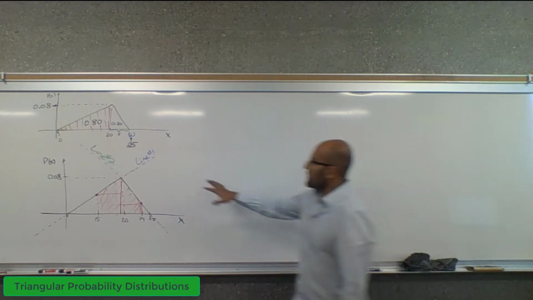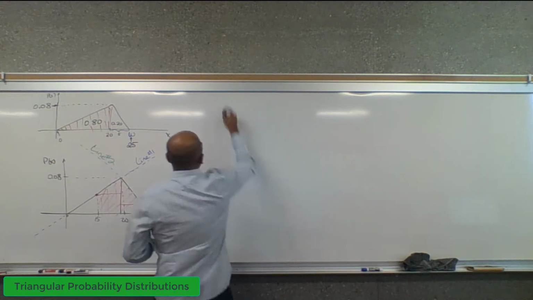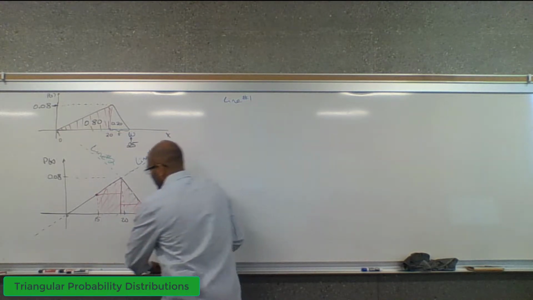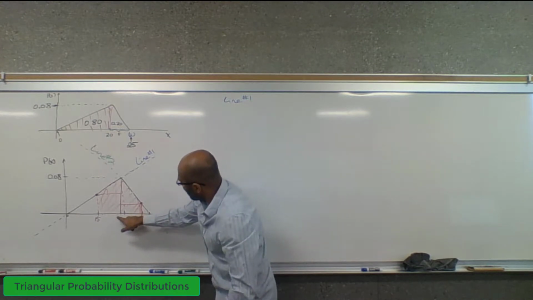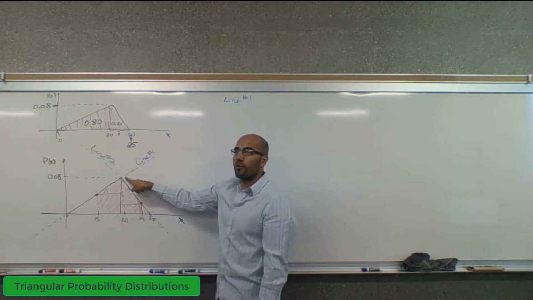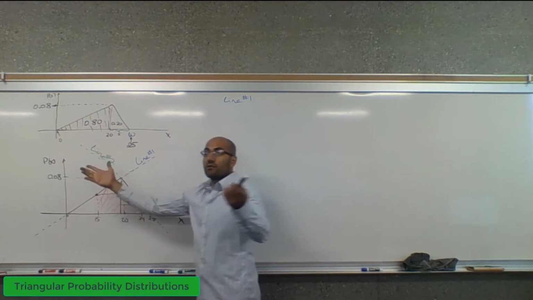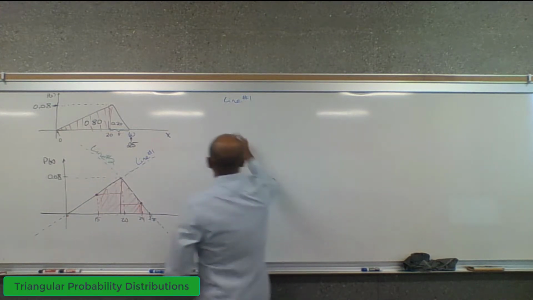Okay, focusing on line number 1, we need some ordered pairs. What are the 2 ordered pairs we have? We have (20, 0.08) and (0, 0). That's going to make life a little easier.